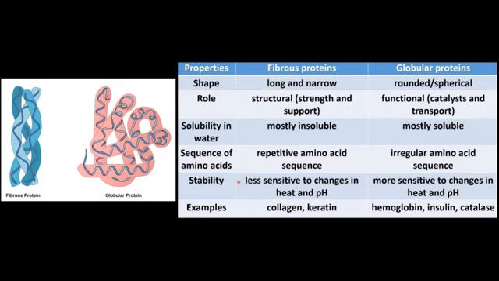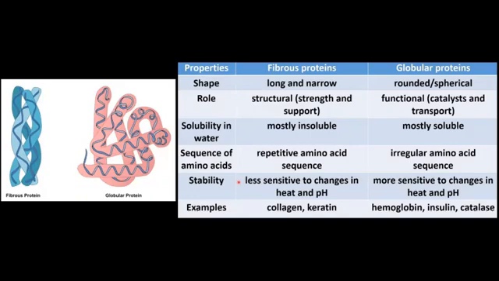For the sequence of amino acids, fibrous proteins have repetitive amino acids, while the globular class has an irregular composition. For stability, fibrous proteins are less sensitive to changes in heat and pH, while globular proteins are more sensitive to changes in heat and pH.